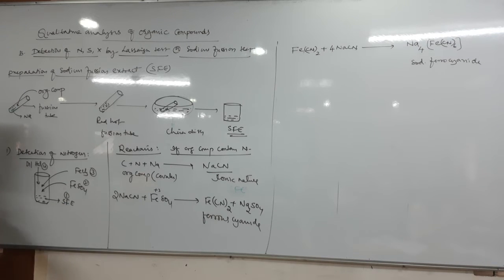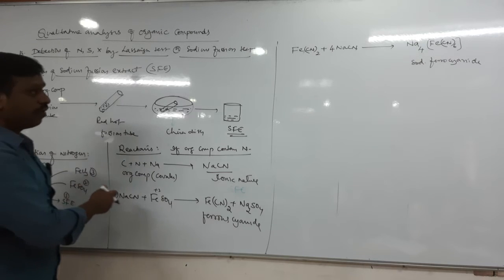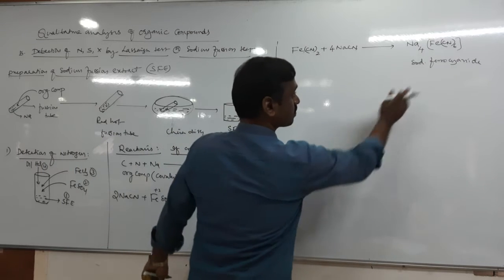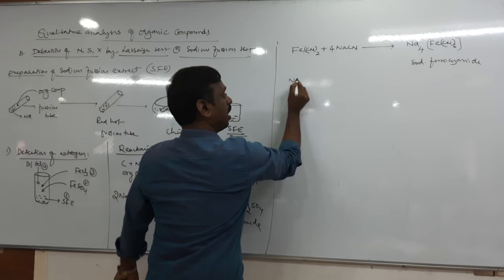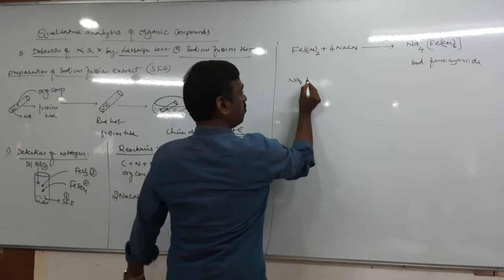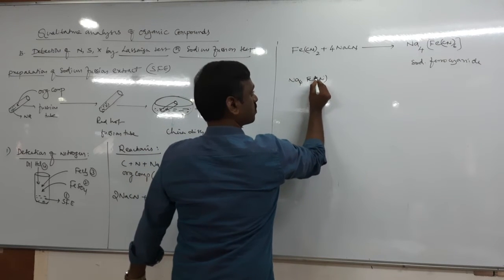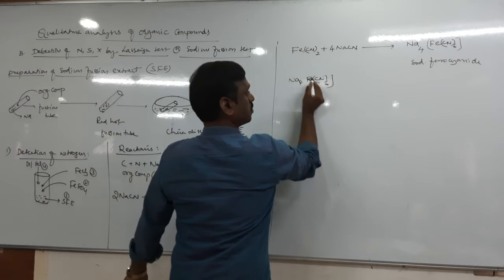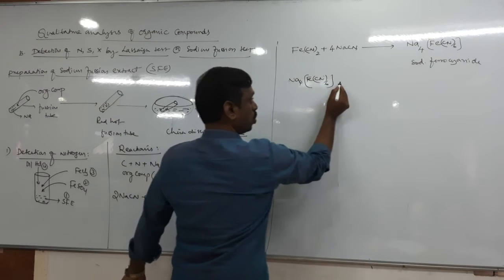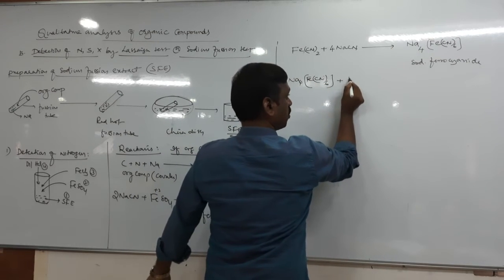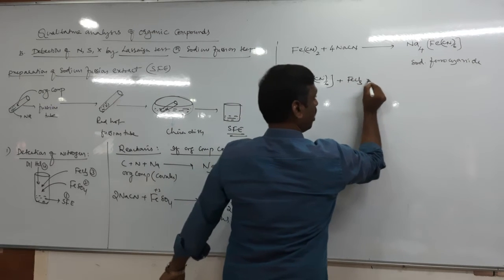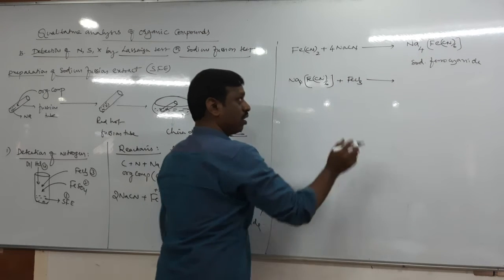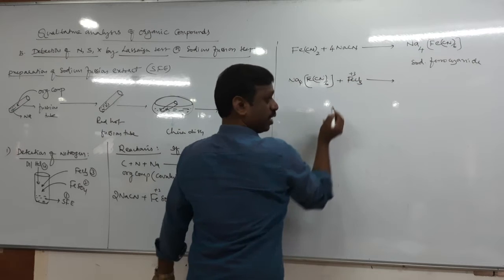Next, now to this what are we adding? FeCl3. Sodium ferrocyanide is already present. Names are important. Sodium ferrocyanide is already present, which is now mixed with FeCl3. In FeCl3, Fe is +3.